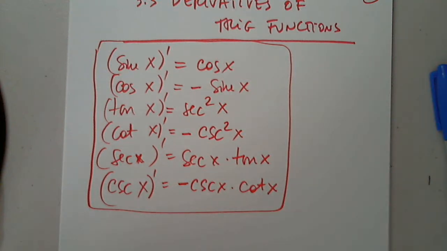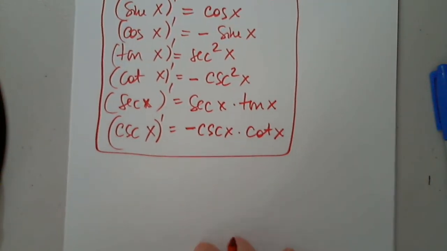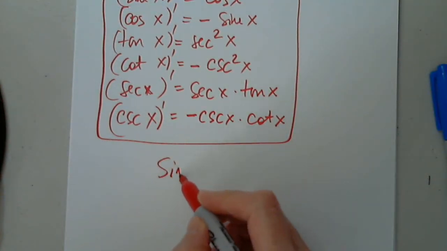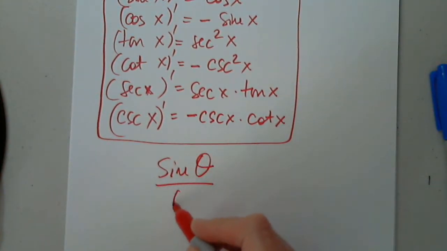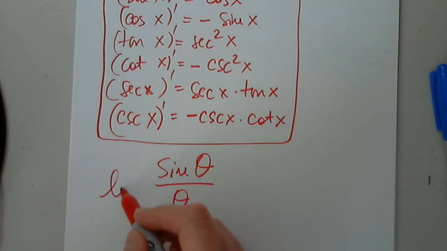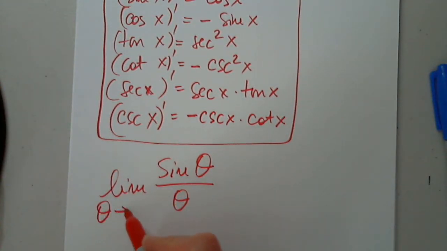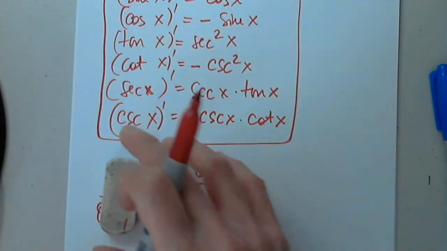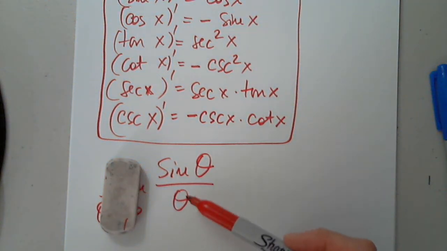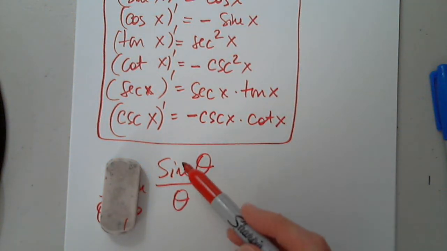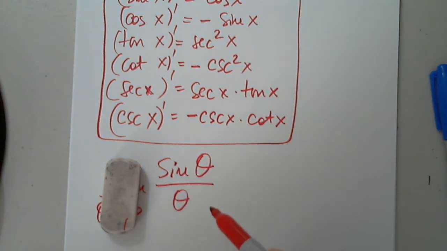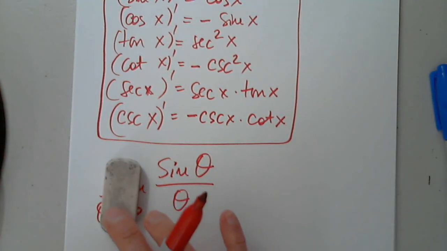There is a function that is very important, and that function is sine x over x, or sine theta over theta. Let's spice it up a tiny bit. So this function is an important function because of different situations, but mainly because of this limit.